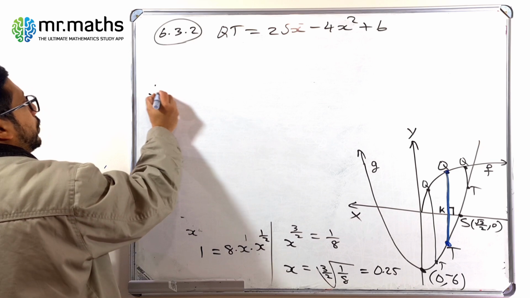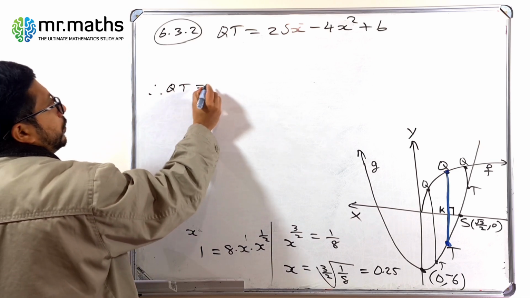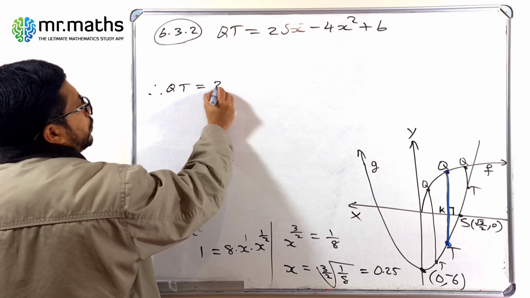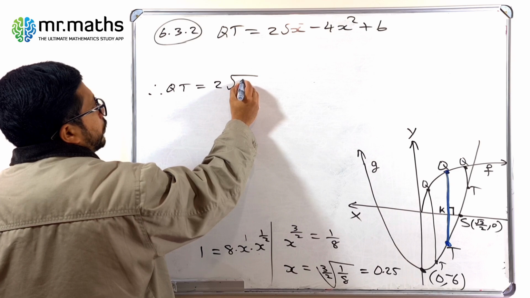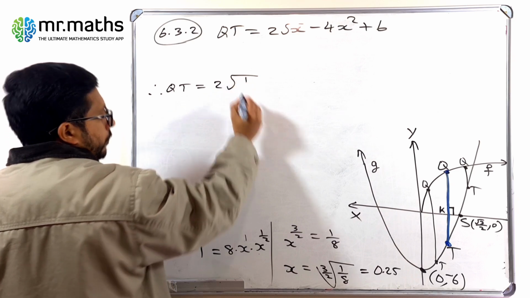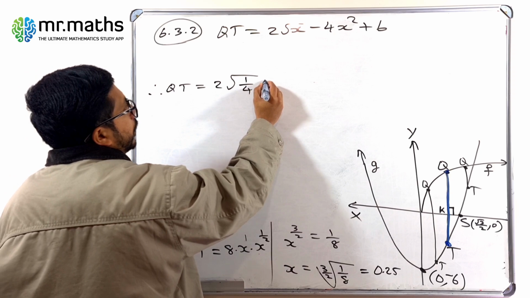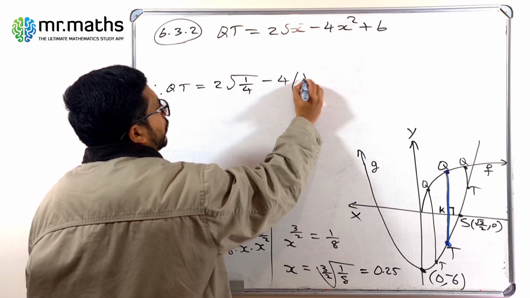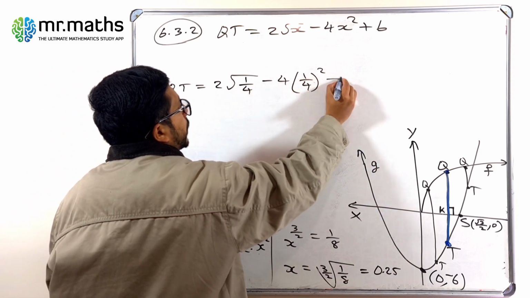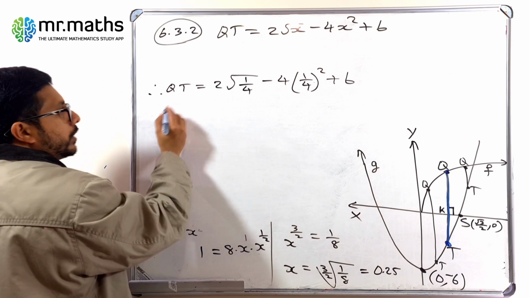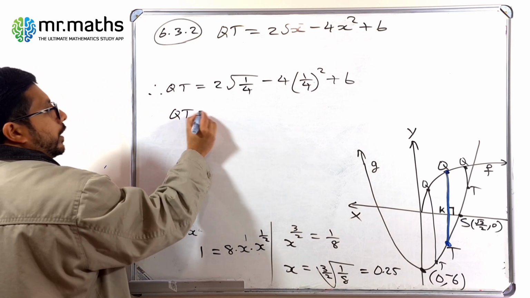Okay, so therefore qt is equal to 2 root of, what, 0.25 means 1 over 4. 1 over 4 minus 4 into 1 over 4 square plus 6. You can just take your calculator and find the final answer.